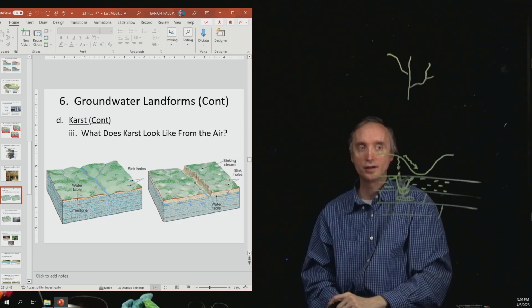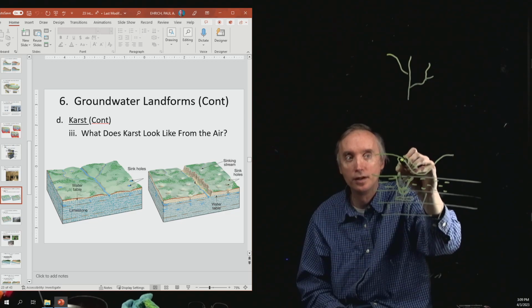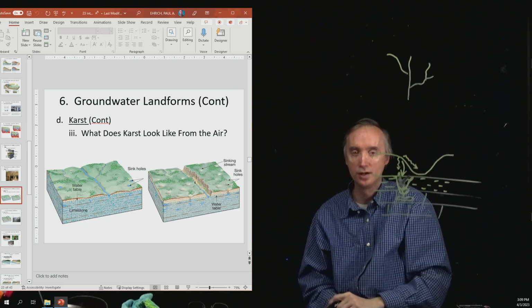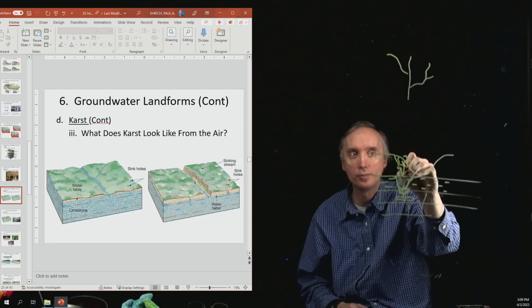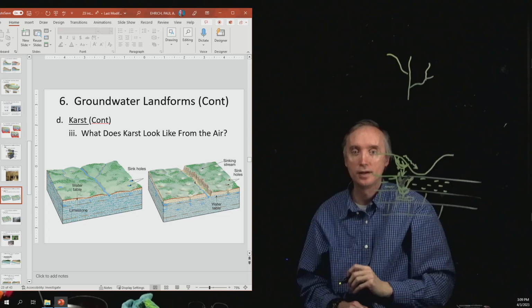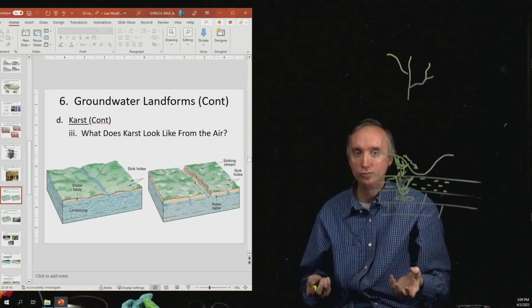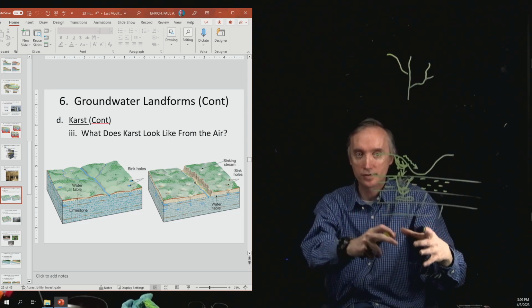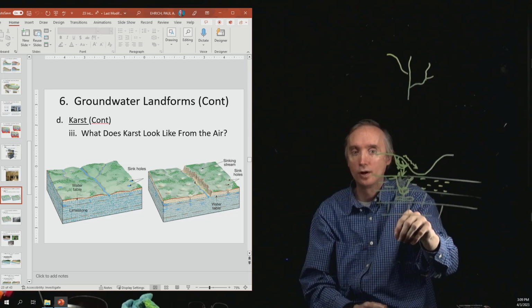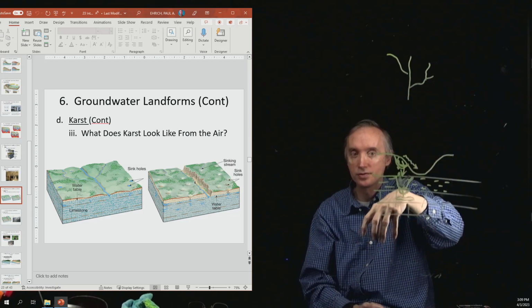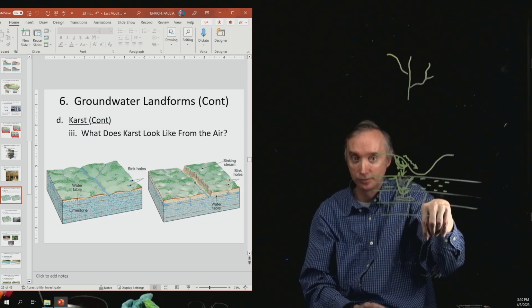Eventually it can get to the point where maybe this material on top of it is going to fall into the sinkhole. And so then what you end up with is a pit up here. If you look at that picture, you're starting to see something looking like a moonscape, where you've got all of these pits, and each of those pits is going to be a place where the water is going into the groundwater instead of going into the river system.